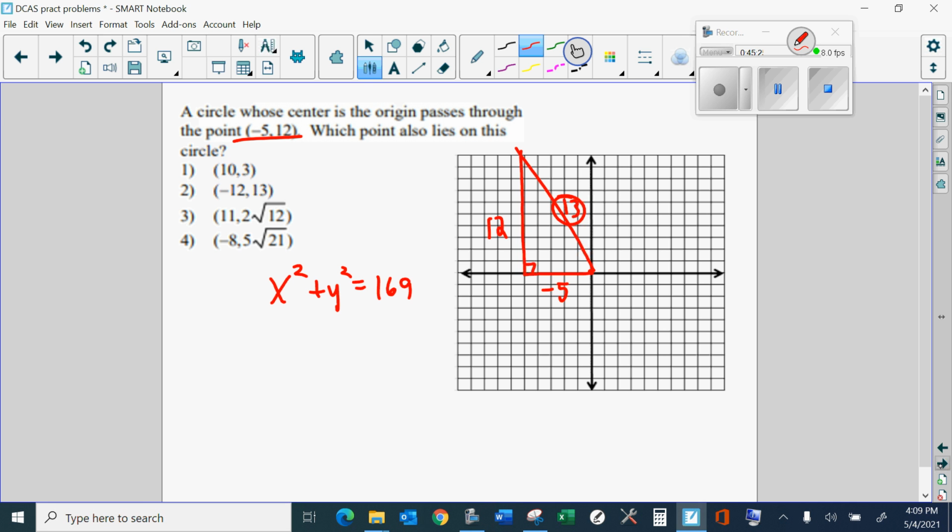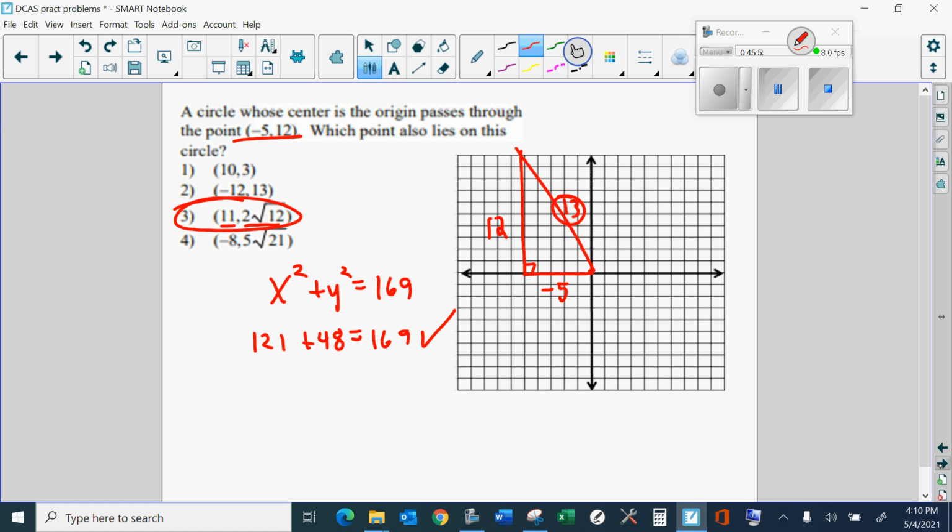Okay. So if I square this, for example, it's 121. I square that, that's 4 times 12 is 48. What's 121 plus 48? Oh, that's 169 right there. So this point is on it. Or if I have an equation, they give me the x and y, I just plug it into the x and y. If it comes out to be true, as this does, then that point is on the circle.